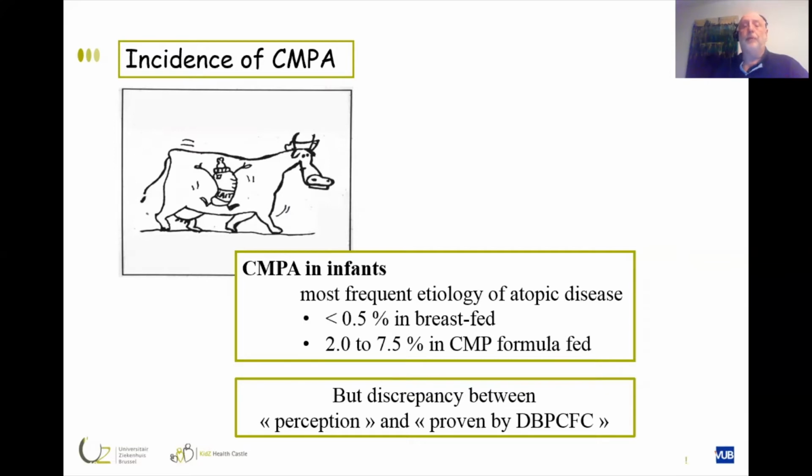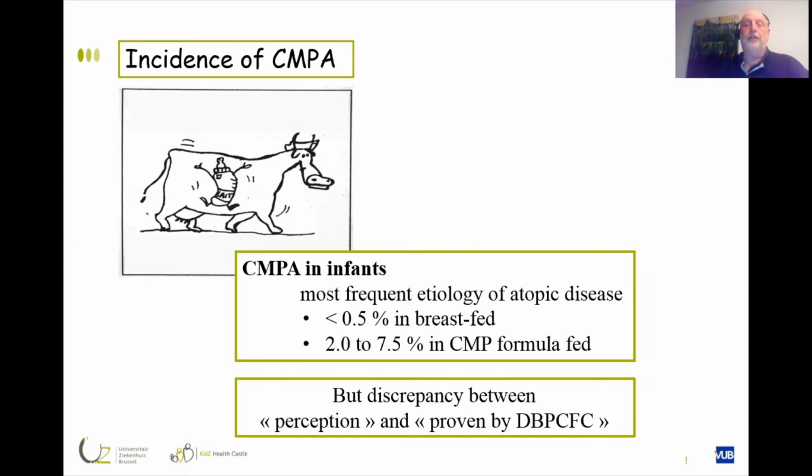Incidence of cow's milk protein allergy has been reported in breastfed infants, but is very rare. It's less than 0.5%. And in formula-fed infants, the incidence of cow's milk allergy is, according to the majority of literature, between 2 and 7%. And today we accept most of the time an incidence of 3 to 4%.